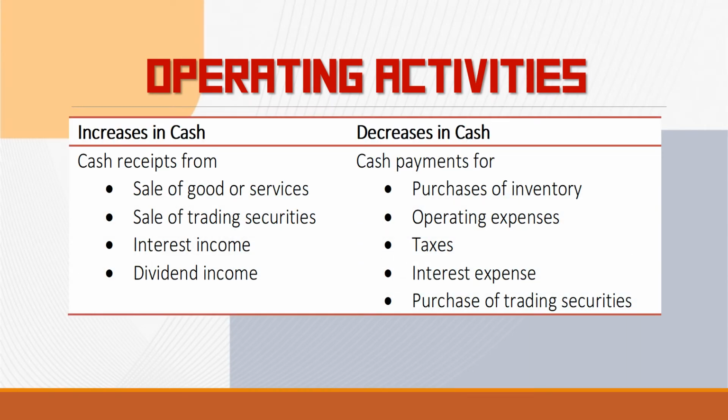Based on the operating activities, there is an increase in cash when we have sale of goods or services, sale of trading securities, interest income, and dividend income. There will be a decrease in cash when there is a purchase of inventory, operating expenses, taxes, interest expense, and purchase of trading securities.